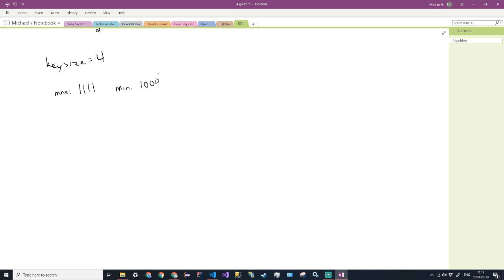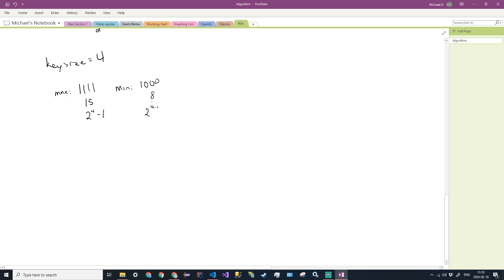So when we want to find a random number, we essentially just want to go from whatever this number is, which is 2 to the 3rd, so 8, to 15. And what you're going to get is that's from 2 to the 4 minus 1 to 2 to the 4 minus 1.